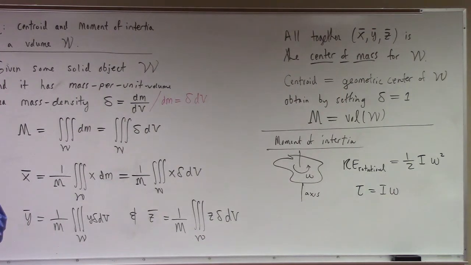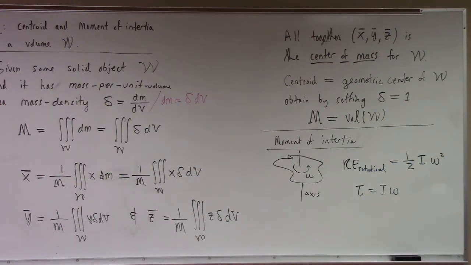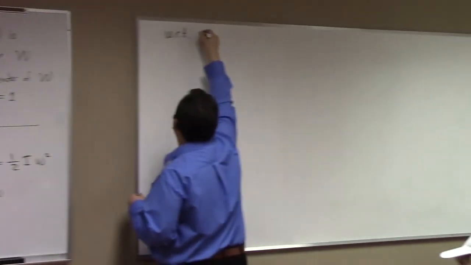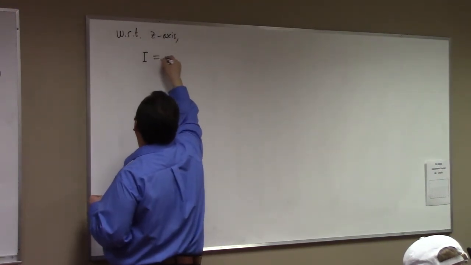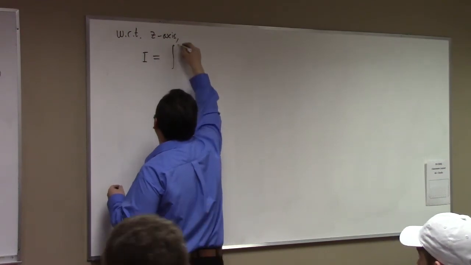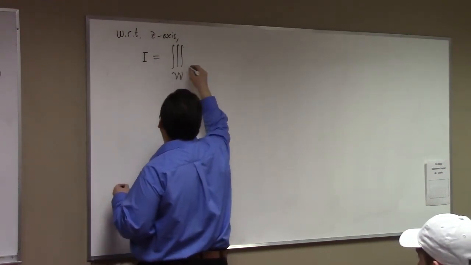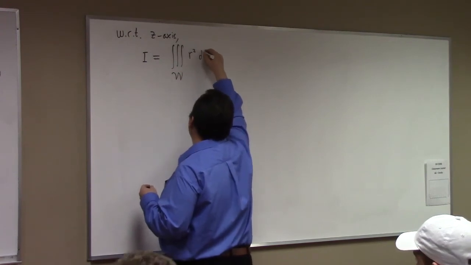So how do you actually calculate the moment of inertia for a solid? With respect to the z-axis, the moment of inertia for W would be equal to the integral over W of r squared dm.